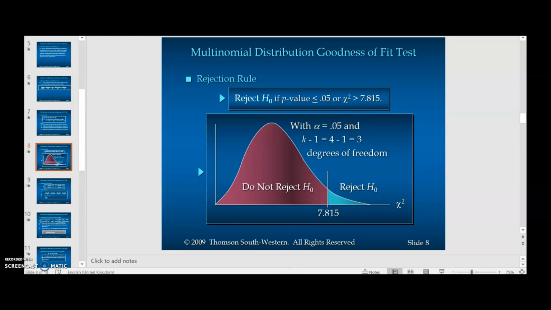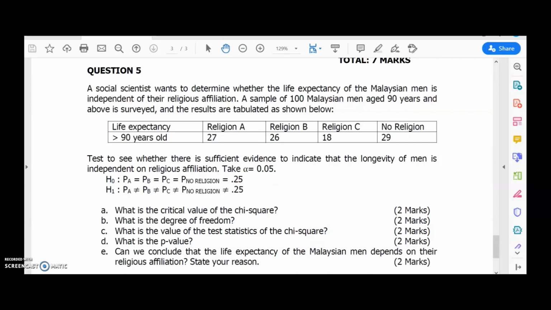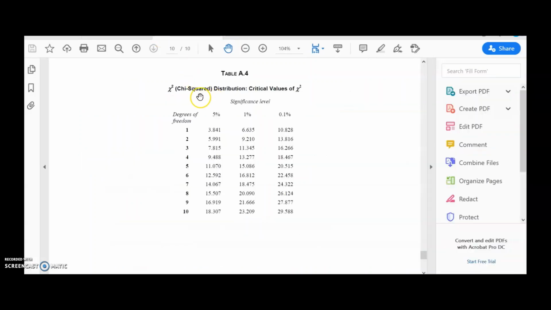If we refer to the chi-square distribution table, this is an example of the chi-square distribution table where the critical value for chi-square can be identified by having 2 key pieces of information, as I mentioned before: the degrees of freedom and the significance level. So our degrees of freedom is equal to k minus 1, 4 minus 1, we have 3, while the significance level is equal to 5%.